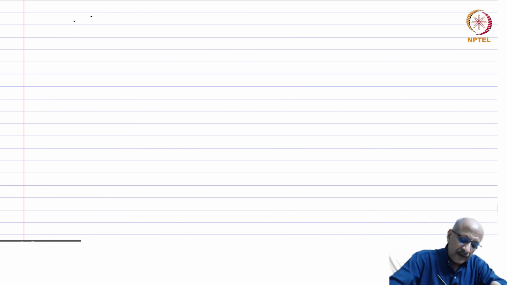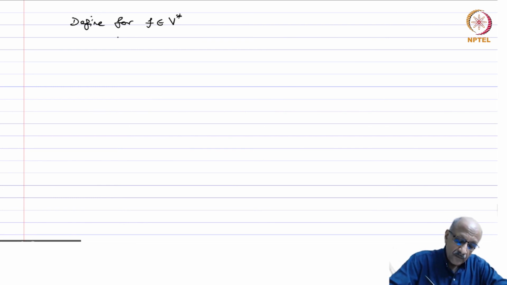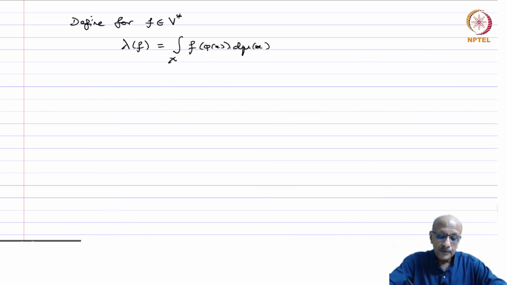So let us define, for f in V star, lambda of f equals the integral over X of f of phi of x d mu x. You compose it with phi, you get a real valued measurable function, so I can define this. So what about the modulus of lambda f?